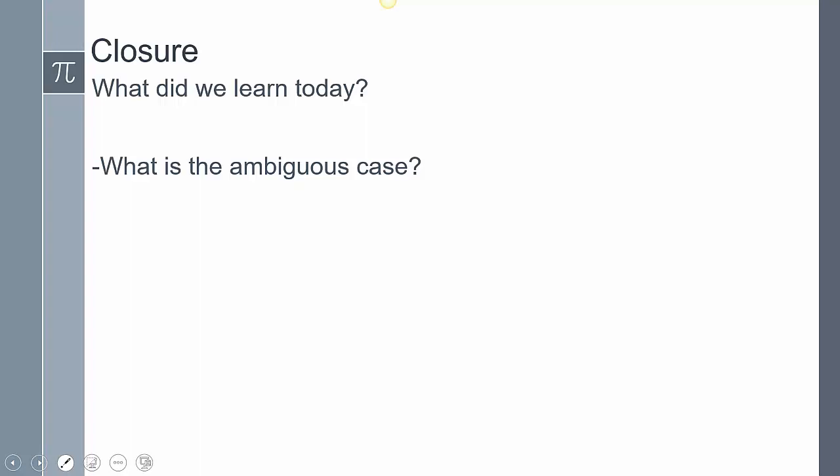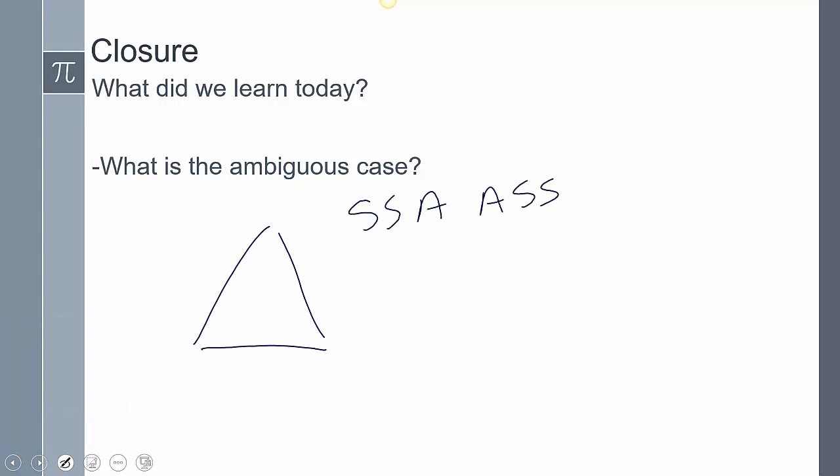Now, one thing to do is trust the math. That is a very important piece here, because if you know that it's SSA, and you start completing it, if you do 180 degrees minus that first angle that we found to get the new angle, and there are two triangles, it will work.